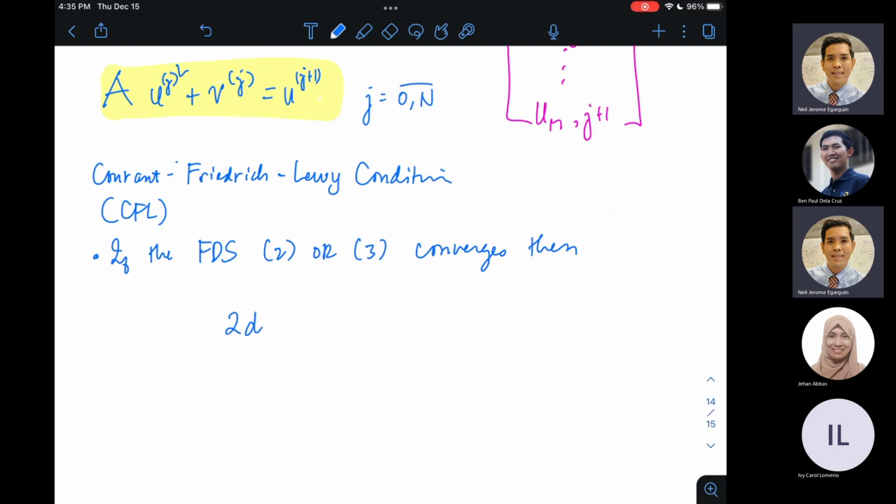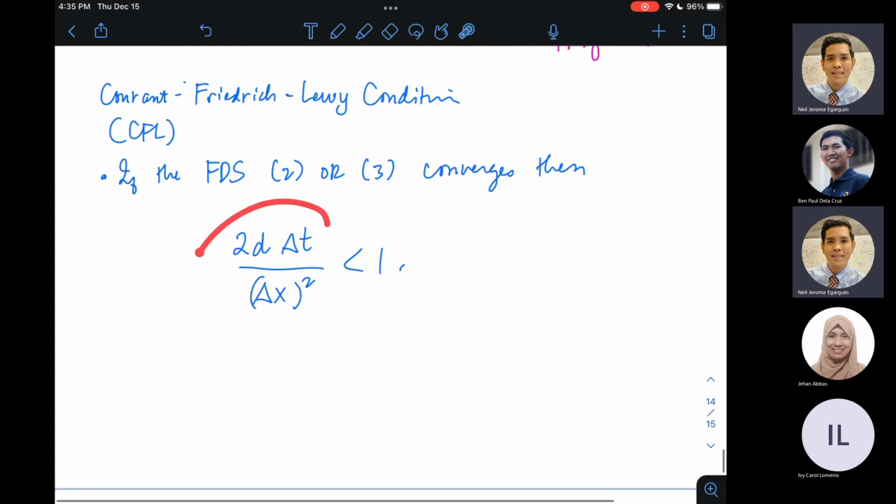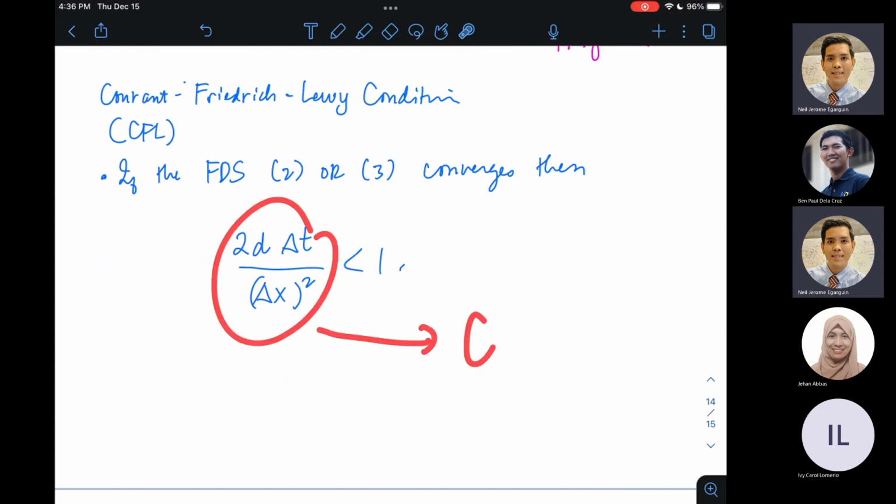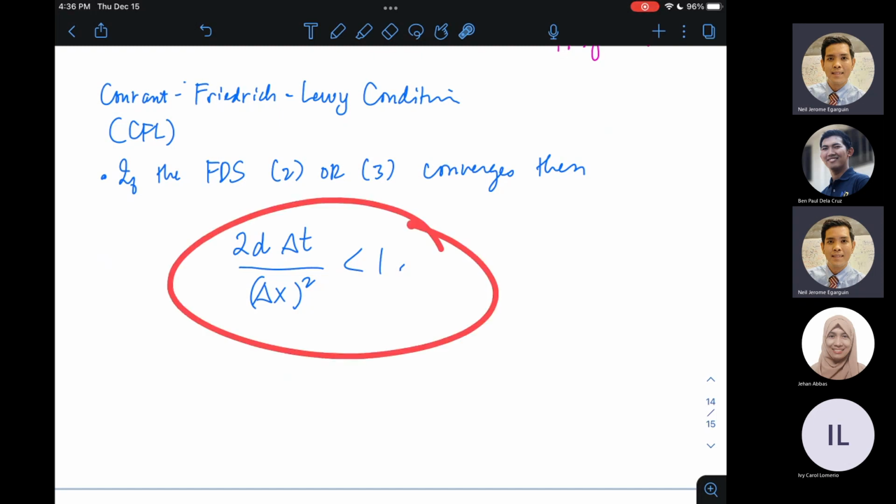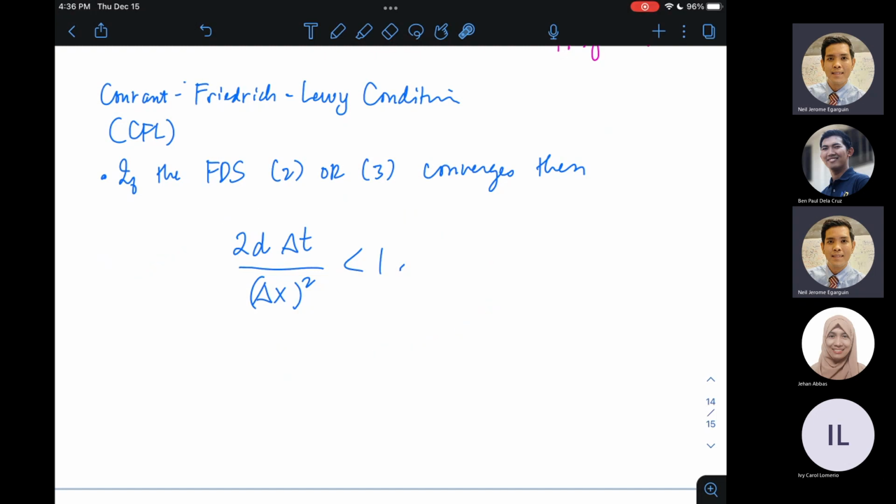So 2D times delta T over delta X quantity squared is less than 1, right? This constant, which we require to be less than 1, is what we call the CFL constant. So if this inequality is not met, then we are sure that the finite difference scheme will not converge because the attainment of this inequality is necessary for convergence, but it is not sufficient.